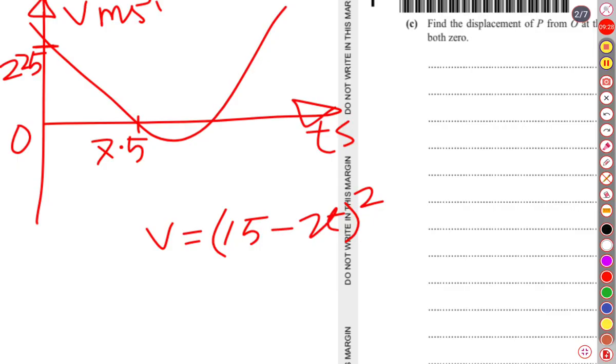Now we will have to find the displacement. So v is equal to this. If v is this, then we will integrate both sides.